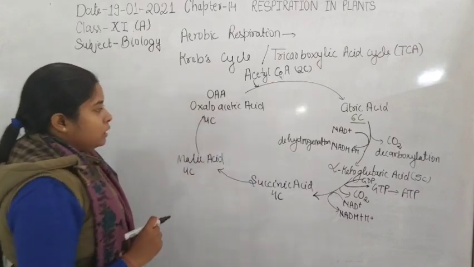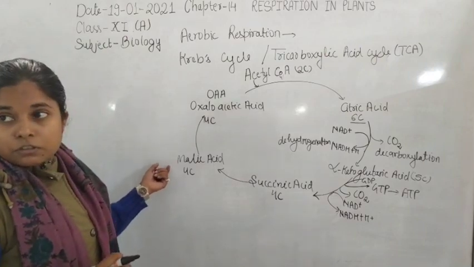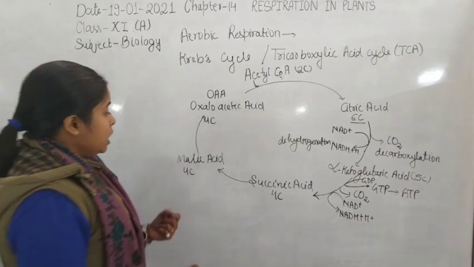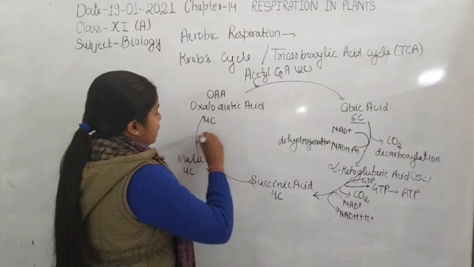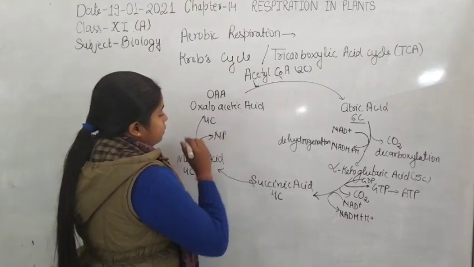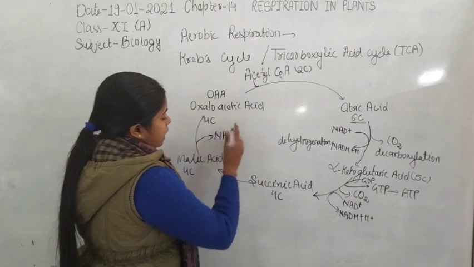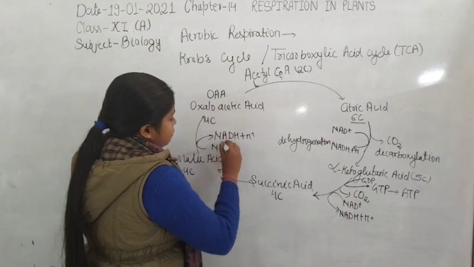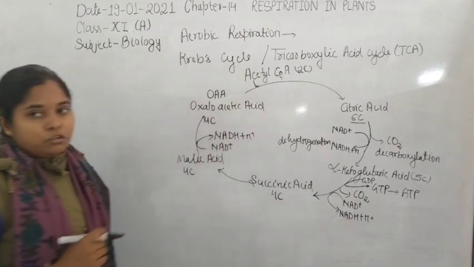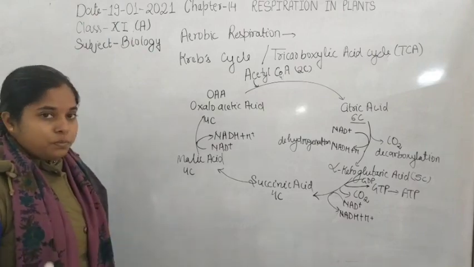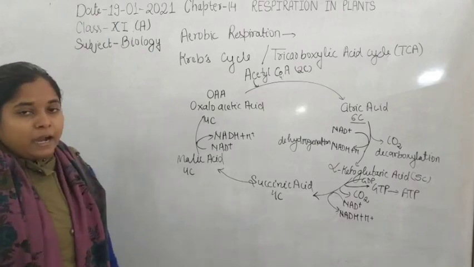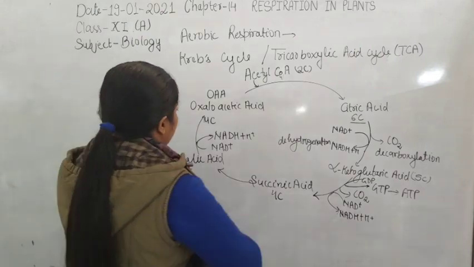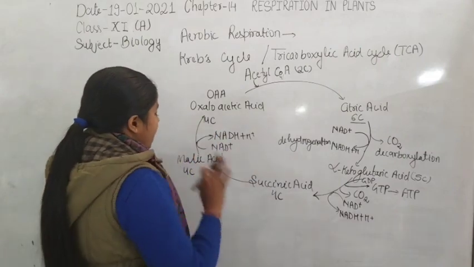From the malic acid, oxaloacetic acid forms, which is again a 4 carbon containing molecule, and again dehydrogenation takes place, in which NADH plus is formed from NAD plus, that is, nicotinamide adenine dinucleotide. There is a release of hydrogen by the dehydrogenation process. After the dehydrogenation process, oxaloacetic acid is formed from malic acid.